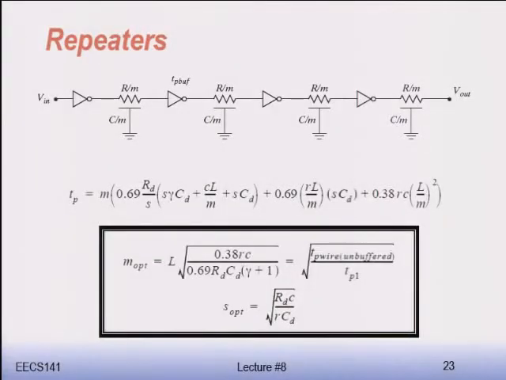If you model the buffer delay, let's say the driver has some resistance RD and some input capacitance CD, and you have the freedom to choose not only how many buffers there are, but also how wide each of these buffers is. You can choose a fan out of 1 inverter, fan out of 2, fan out of 4, you name it. And so the resistance of the buffer will be RD over S, and its capacitance will be CD times S.